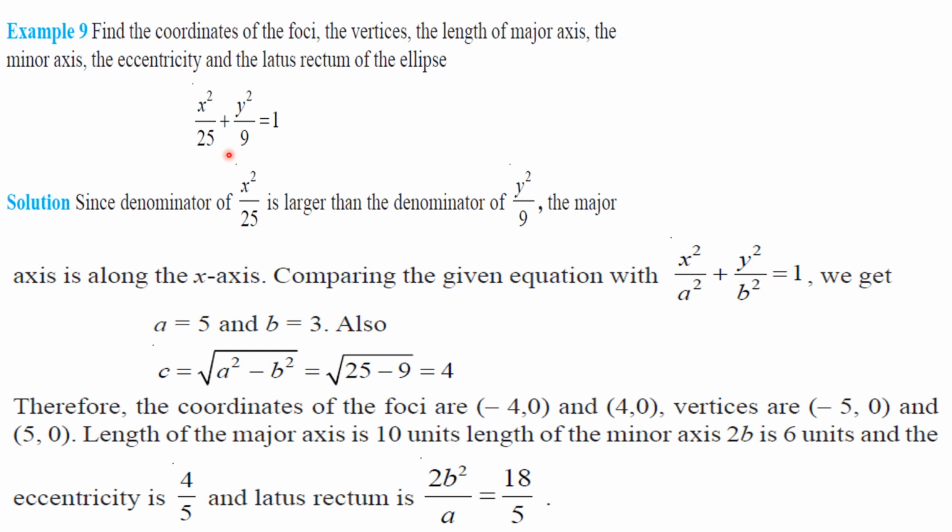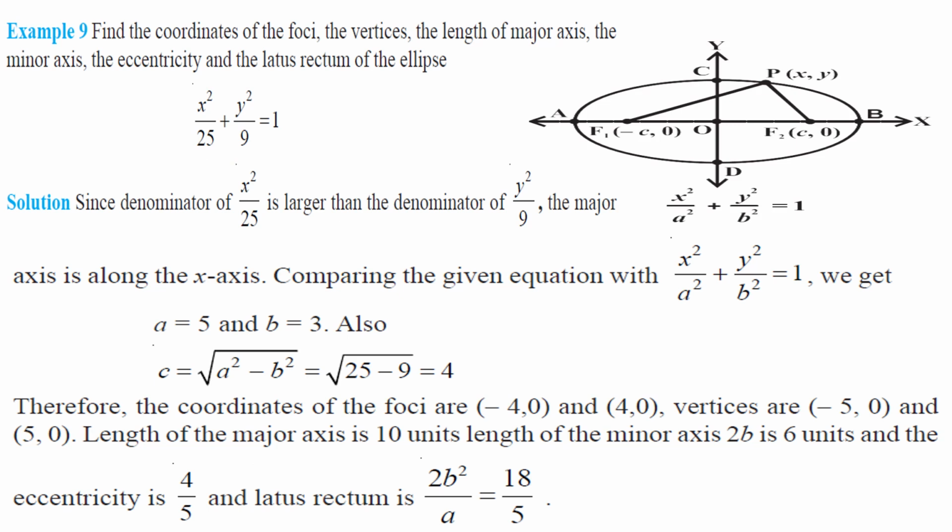Right. Now let us visualize this ellipse. See, this is the visual representation of this ellipse, x square by 25 plus y square by 9 is equal to 1.